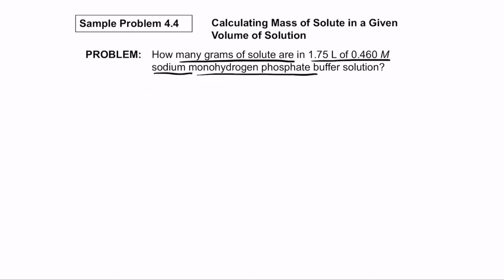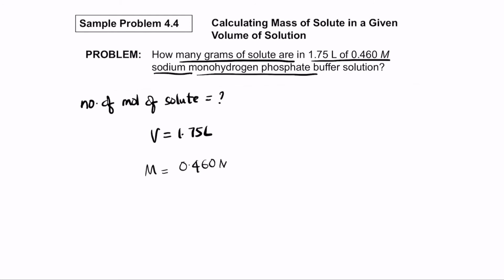Before we find the number of grams, we have to find the number of moles of solute, and then it becomes easier to find the grams. You have the volume, 1.75 liters, and the molarity, 0.460 M, and the solute is sodium monohydrogen phosphate, which is Na2HPO4.